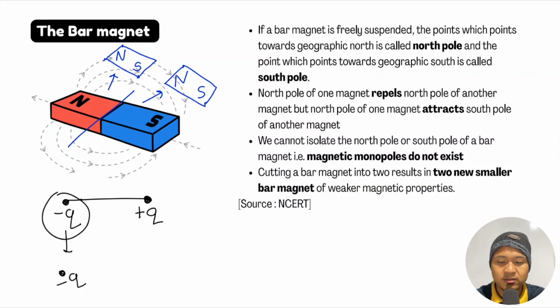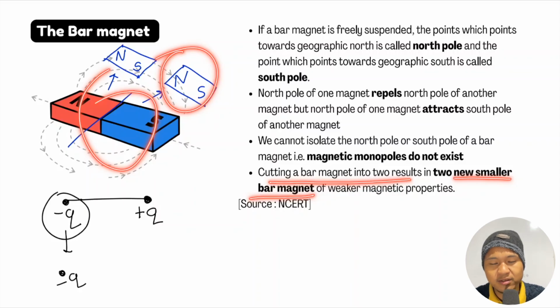So a monopole is not possible. Magnetic monopole does not exist. A south pole cannot exist alone, nor can a north pole. Cutting a bar magnet into two results in two new smaller bar magnets.